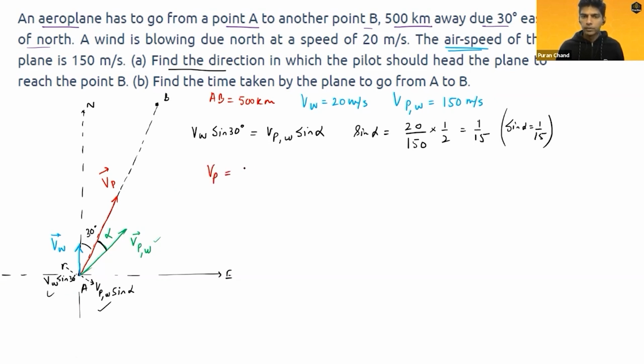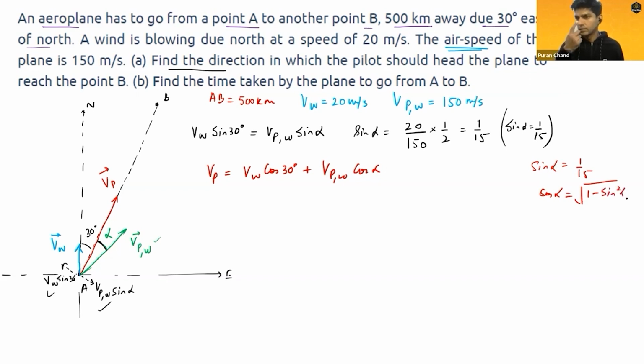So VP will be what? It will be VW cos 30 degree plus VPW cos alpha, right? When the angle is very small, say sin alpha is 1 by 15, it is a small angle. In that case, cos alpha is square root of 1 minus sin square alpha.